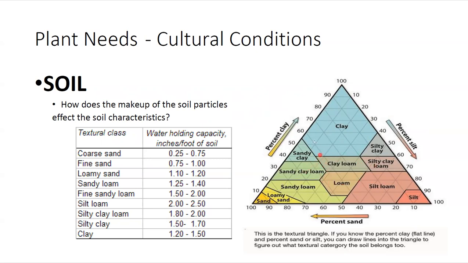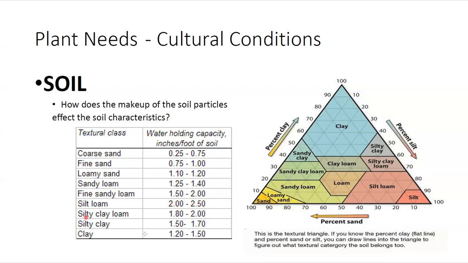Now, the characteristic we're looking at really boils down to water holding capacity, okay? How many inches of water per foot of soil can that soil hold? In a 1 foot depth of sandy soil, it's capable of holding 0.25 to 0.75 inches of water.